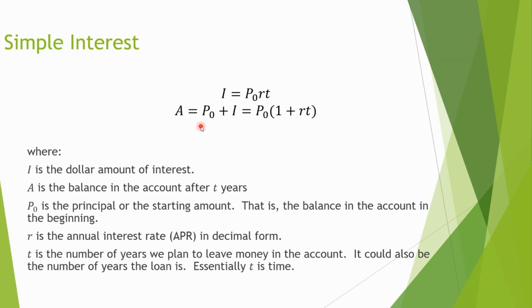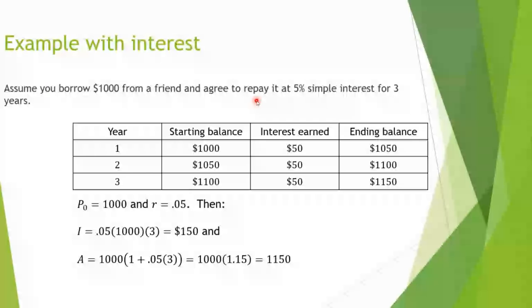Here, you're adding on that same interest. Every year you might add on I, but that I is the same amount. So for instance, here's a hypothetical example. If you borrow, let's say, $1,000 from a friend, and you agree to repay it at 5% simple interest for 3 years, your friend would calculate the interest, and then you would have to pay off that interest each year.